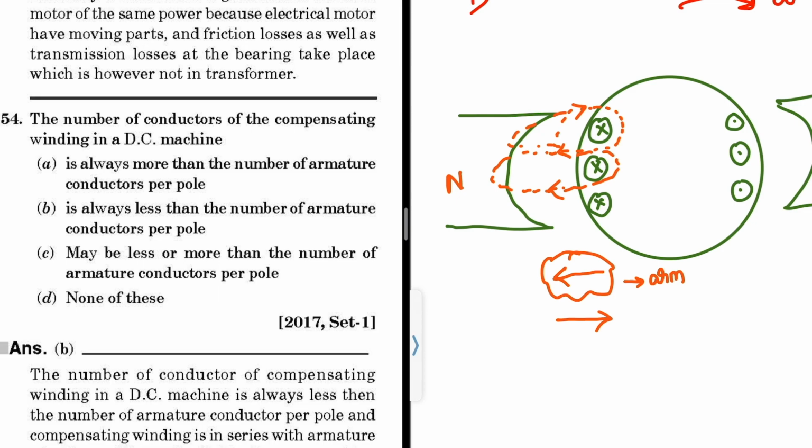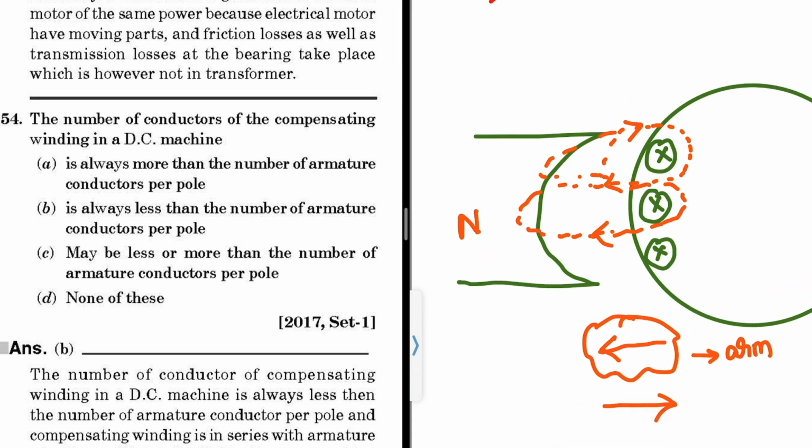For that, we usually put conductors here in the armature pole faces, carrying current in the opposite direction. Why? Because in order to reduce the armature flux, it will provide a flux opposite to this flux, in this direction.